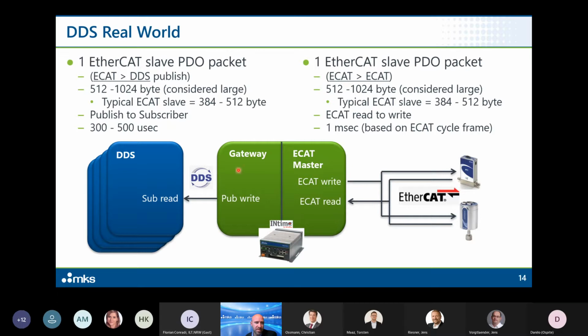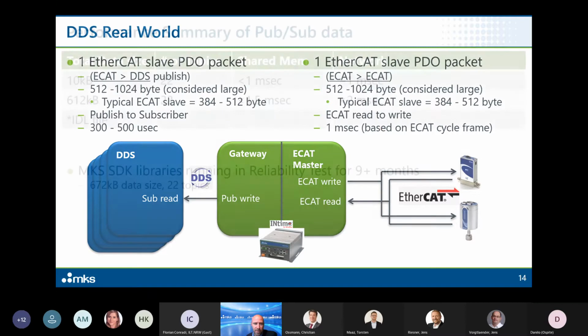This is on the left-hand side, from the EtherCAT read to the DDS publish, as well as on the EtherCAT side, some rather large byte sizes. And this performance is really based on the EtherCAT frame rate. So that's some of our performance and how our application is run.